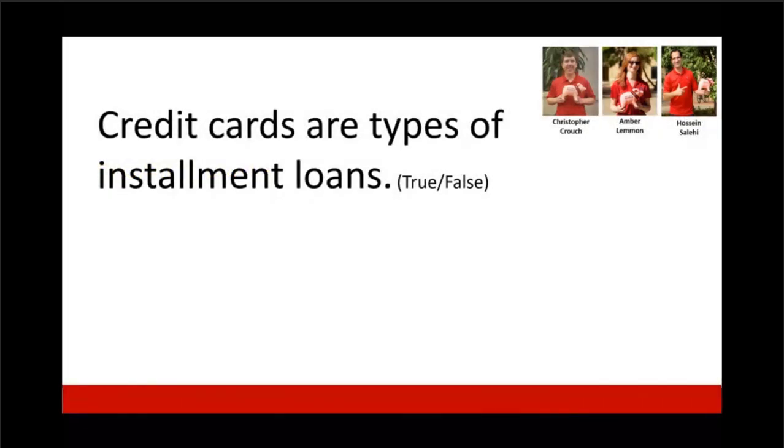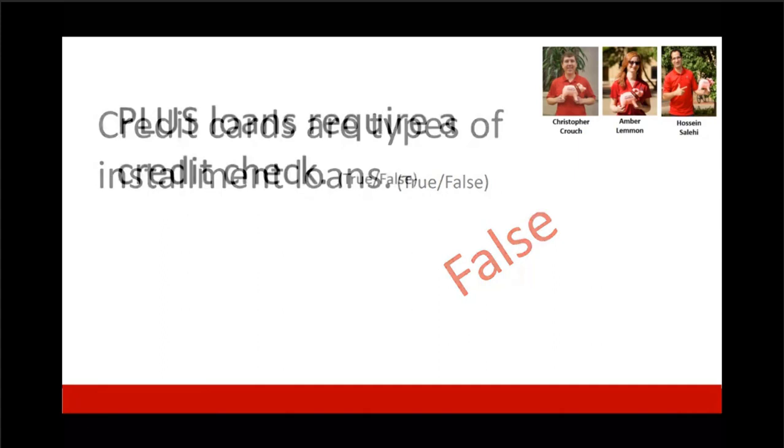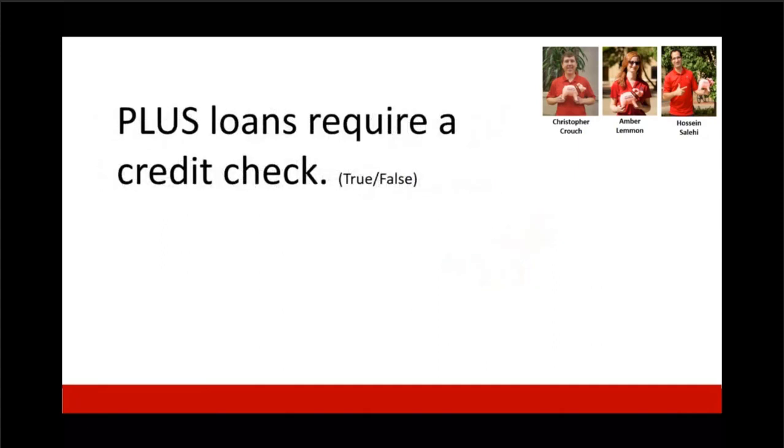Okay, so credit cards are types of installment loans. True or false? Somebody say false? Don't be tripped up on this one on the exam. Credit cards are not types of installment loans. Okay. Plus loans require a credit check.